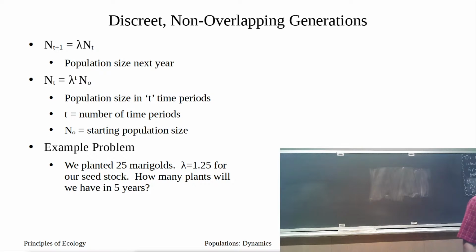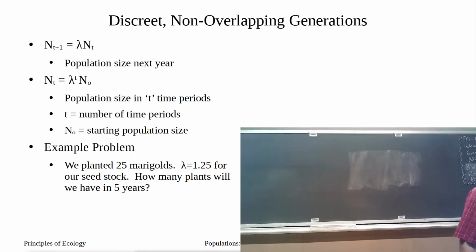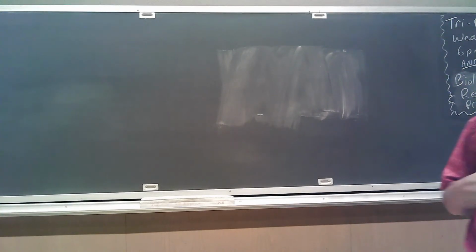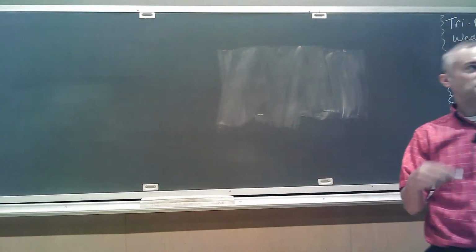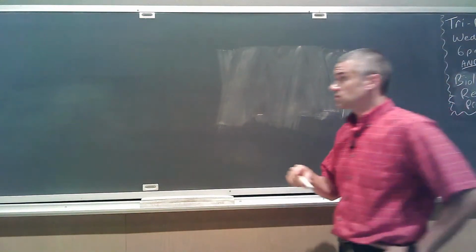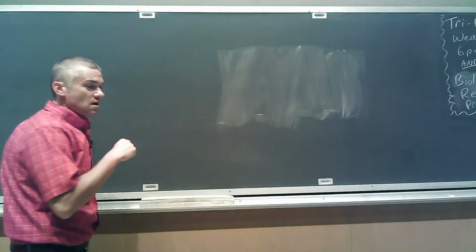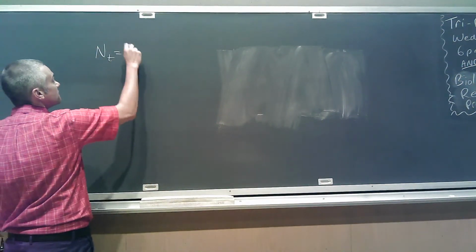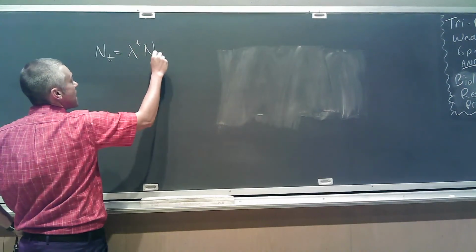First thing we want to do is look through the word problem and write down all the information that's in the problem and match it up to our equations. We want to know our population size after 5 years.